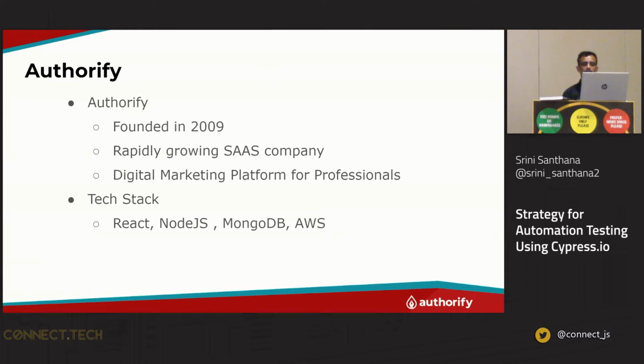It's a digital marketing platform for professionals, mostly realtors, and they are planning on expanding to different industries like financials and others, to see how they can market to those people.